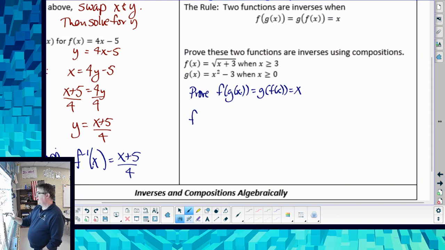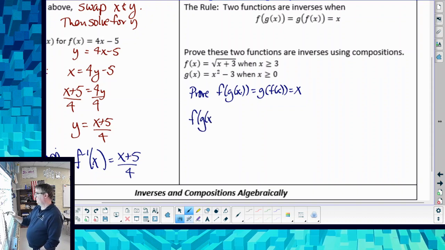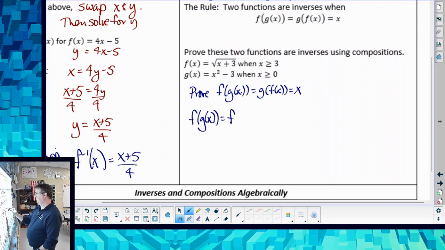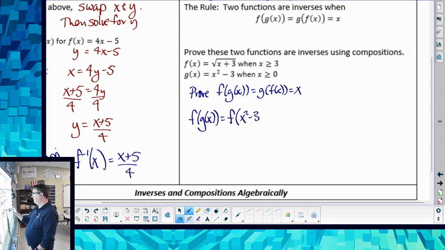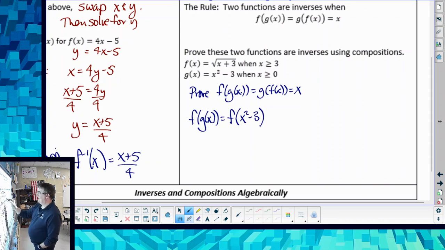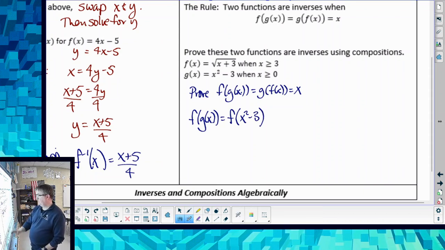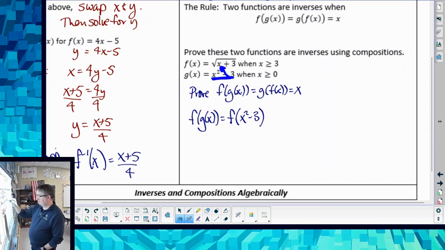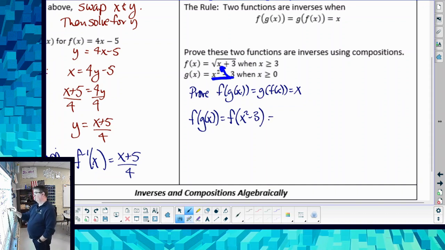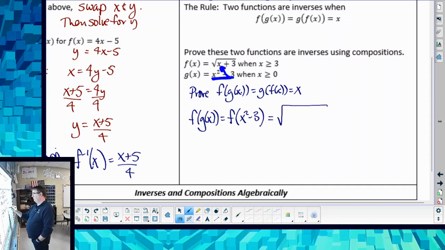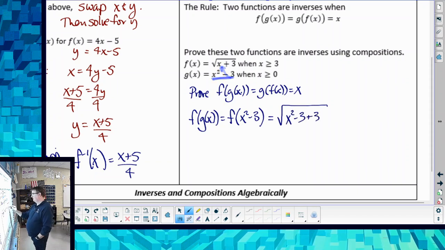So in this case, f of g of x is going to be f of, and g is x squared minus 3. I'm going to plug that in for that x. So I get the square root of, instead of x, x squared minus 3, plus the 3.